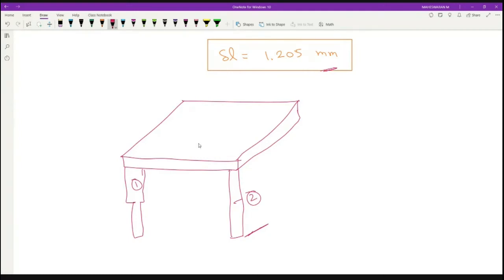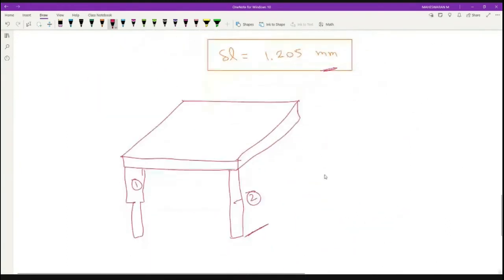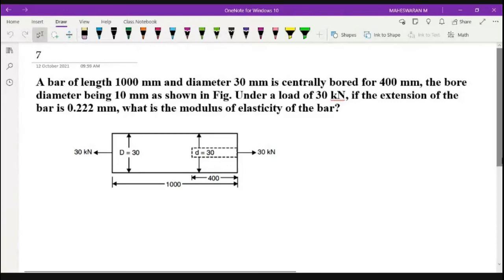Okay, so this is one way to relate your problem in terms of an application. You have a bar which is 1000 mm length. The diameter of the bar is given, which is 30 mm, and they have made a hole at the center, which is around 400 mm.